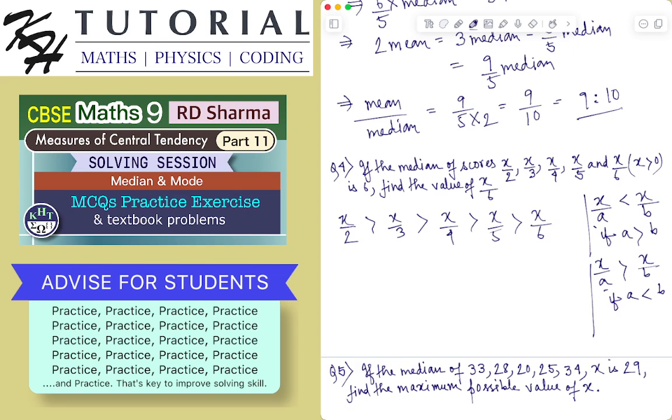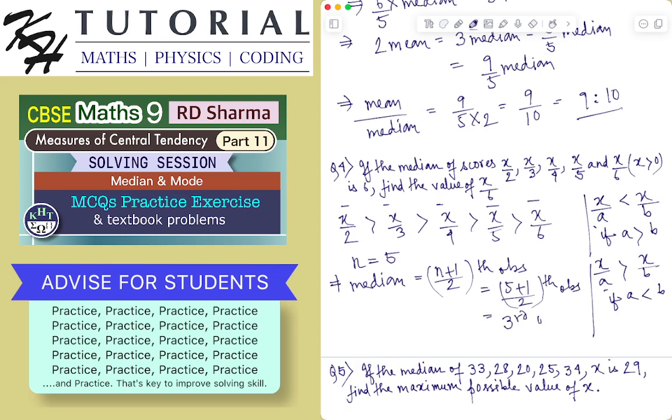Now, how many observations are there? 1, 2, 3, 4, 5. So n is 5, which is odd. So this implies the median will be equal to the (n plus 1) by 2th observation, which is (5 plus 1) by 2, the third observation.